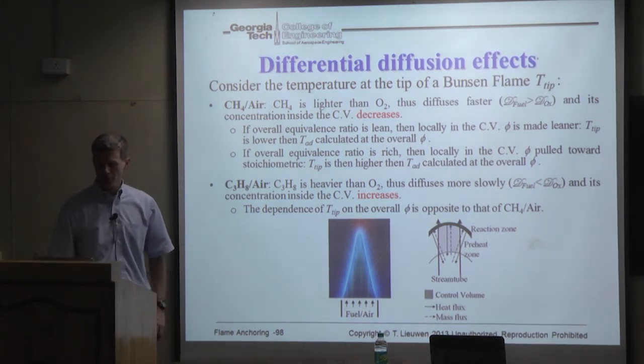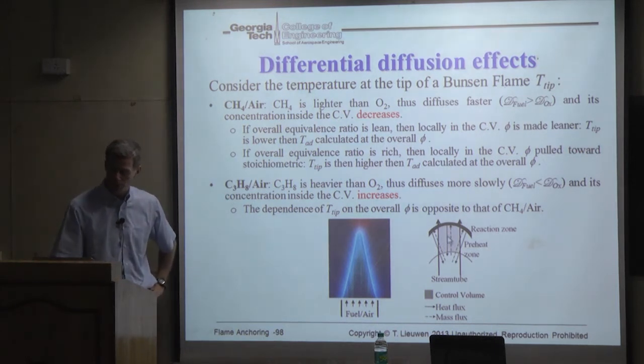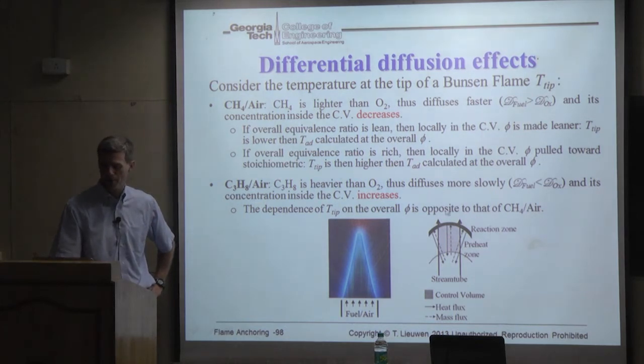If we think about differential diffusion, the example I gave before was hydrogen air, but here I have it for methane air. If we think about this negatively stretched flame, which could, for example, be an approximation for the tip of a Bunsen flame, methane is lighter than oxygen, so it's going to diffuse faster.